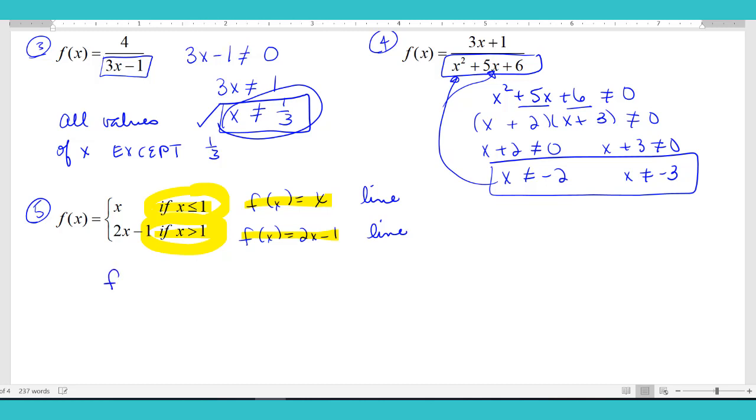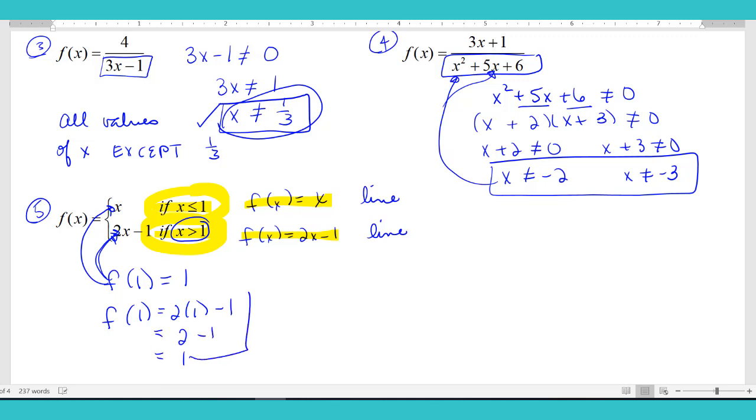So I'm going to say, well, f of 1 for the first part equals 1. f of 1 for the second part, even though 1 is not included, I'm going to evaluate that second piece at 1. So I have 2 times 1 minus 1. 2 minus 1 is 1. Since those two parts are equal, when I graph these two half lines, they would meet at the point (1, 1).